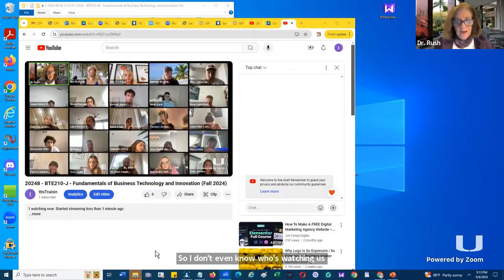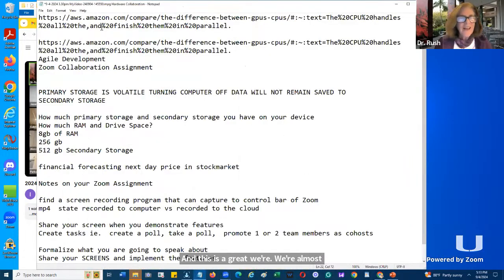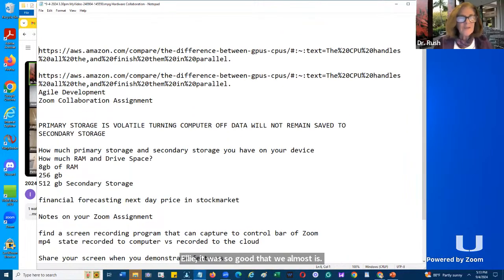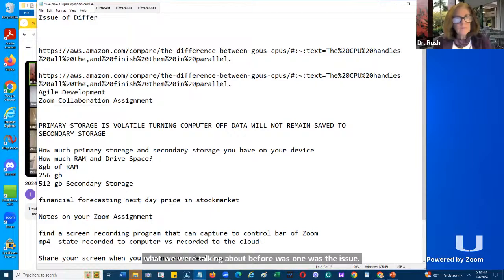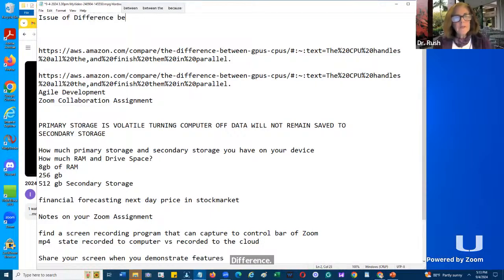And this is great, it's almost as if we rehearsed it about what all the issues are. But what we were talking about before was the issue of difference between free Zoom and paid, free versus paid.